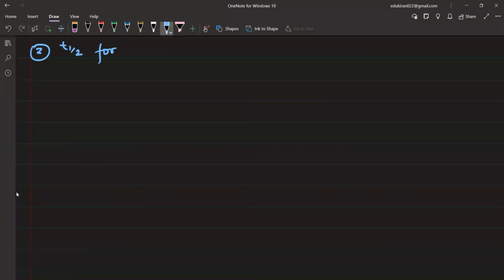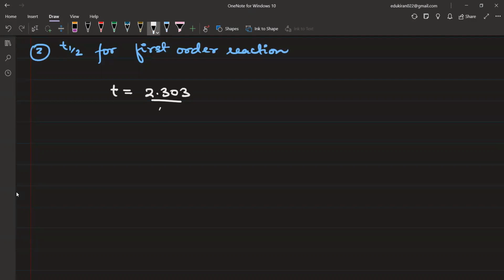T half for first order reaction. For the first order reaction, our integrated rate law equation is T is equal to 2.303 divided by K log of initial concentration upon the final concentration that we are having right now.